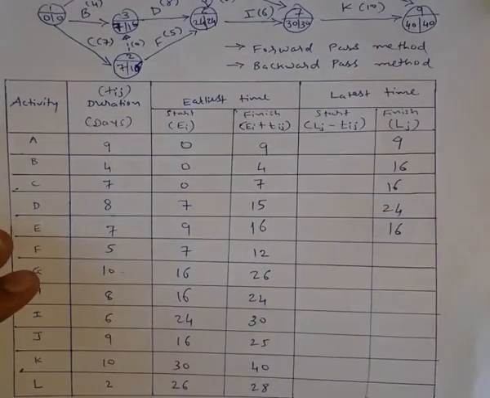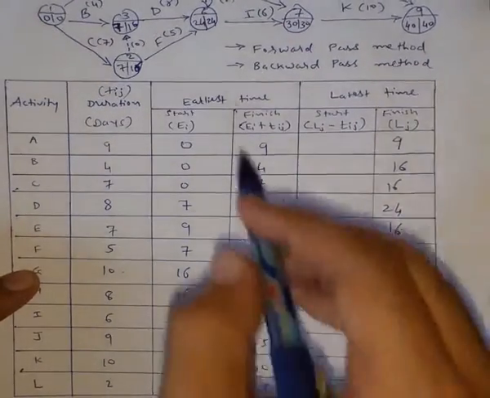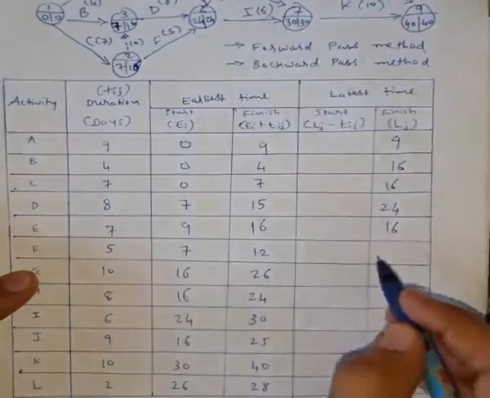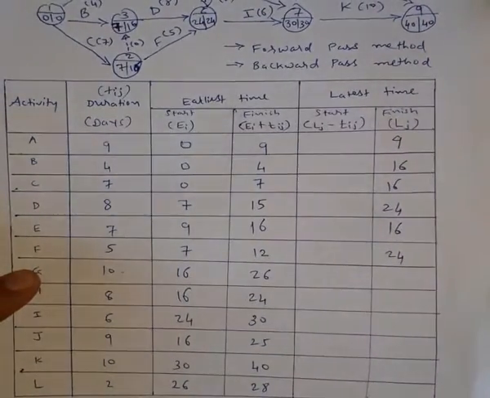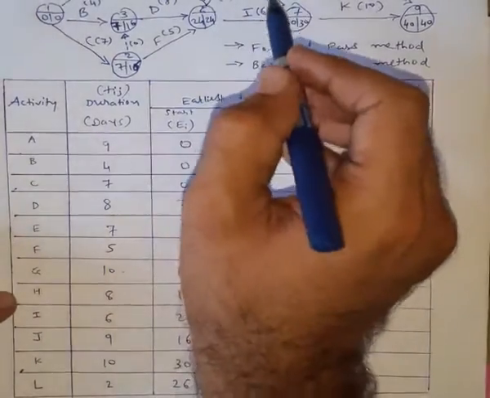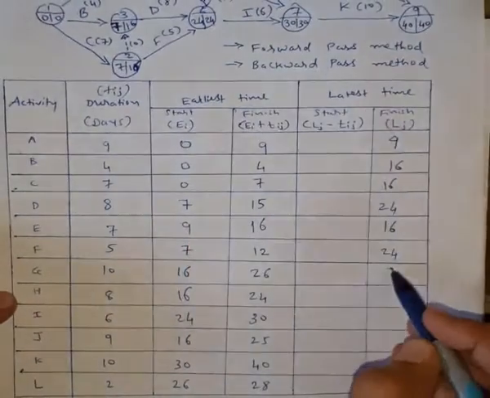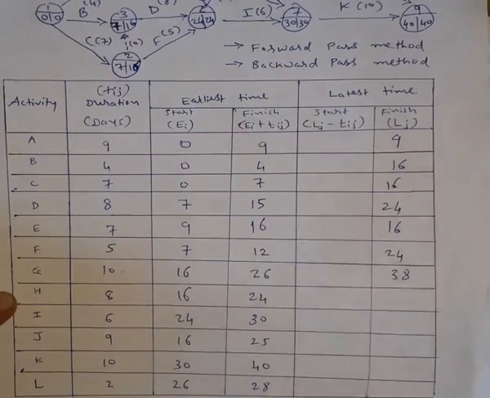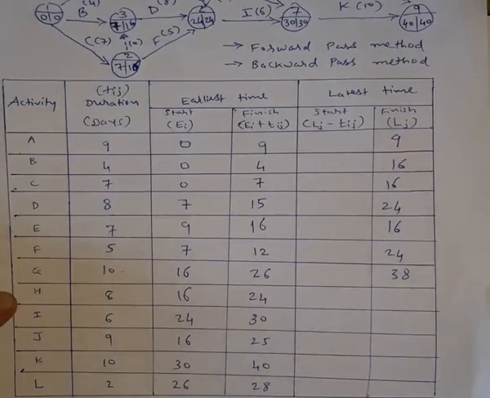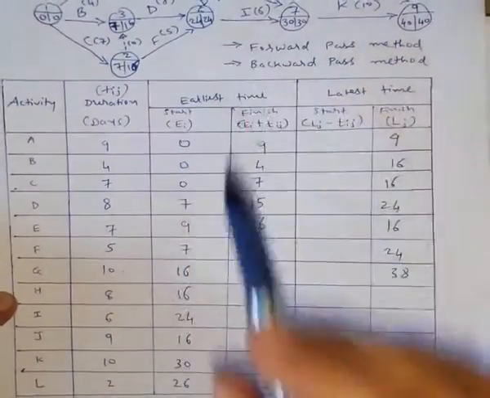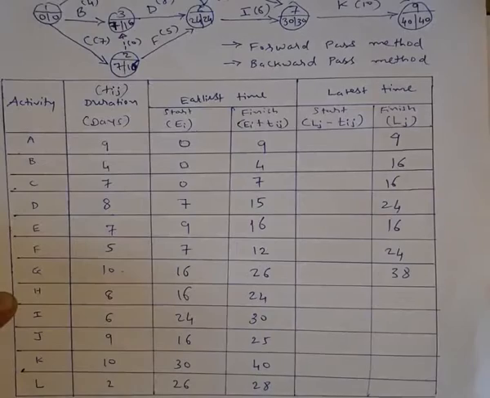For activity F, latest finish time is 24. For activity G, latest finish time is 38. For activity H, latest finish time is 24.